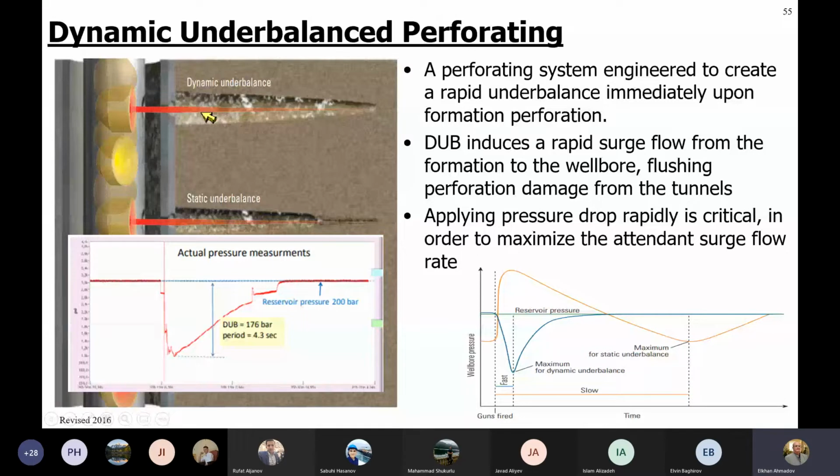You can see with the dynamic underbalance we get more. The tunnel itself is larger, and the cleaning is much better.